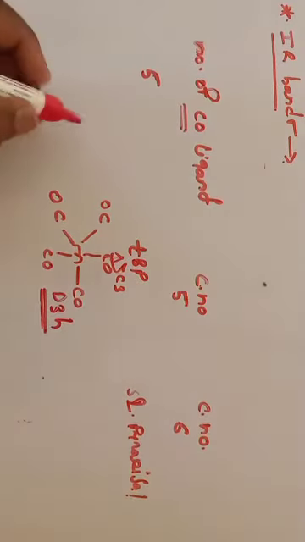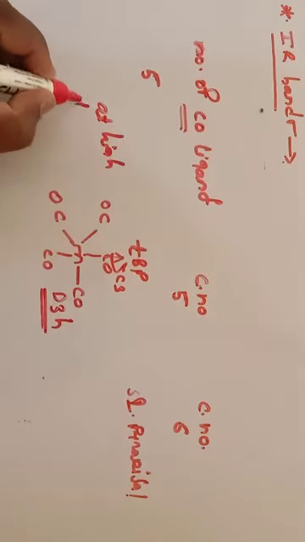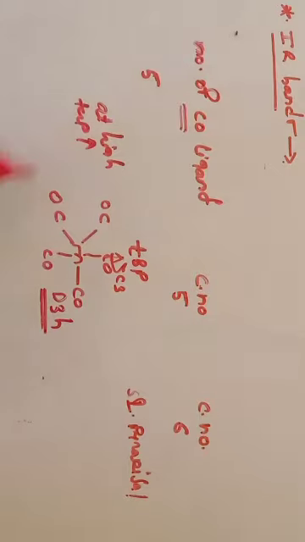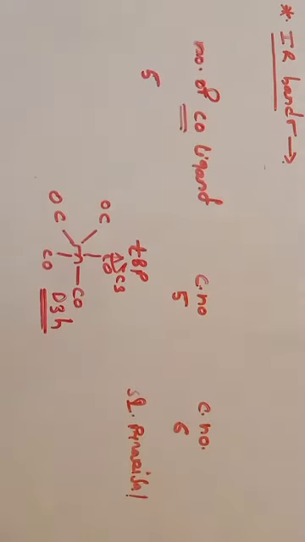So we can write here, at high temperature we get only one IR band, because all carbonyls are equivalent. Only one IR band at high temperature. So high temperature means room temperature, and at low temperature we get two IR bands for this trigonal bipyramidal geometry.